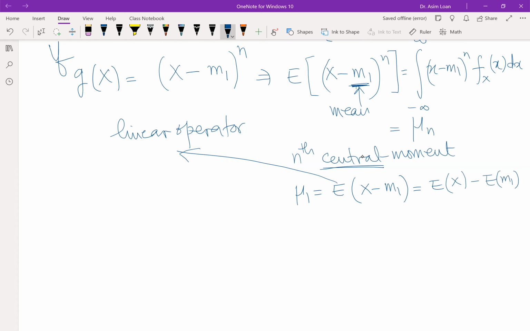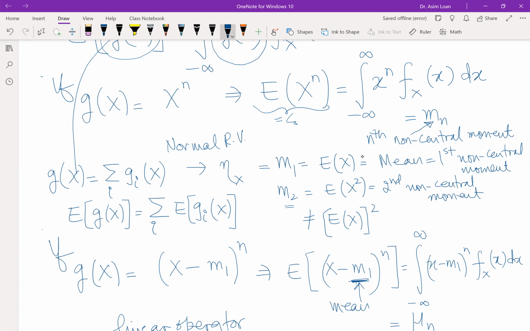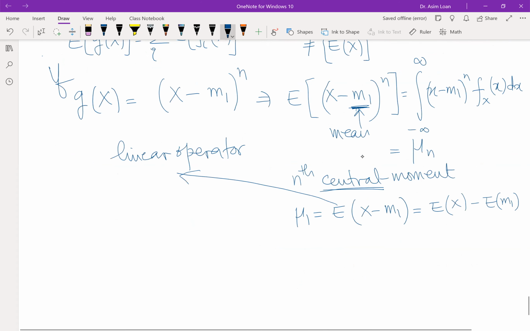And what is the expected value of m1? Remember, whenever you take expectation, you are removing the randomness, so you get a constant number. m1 is a constant.